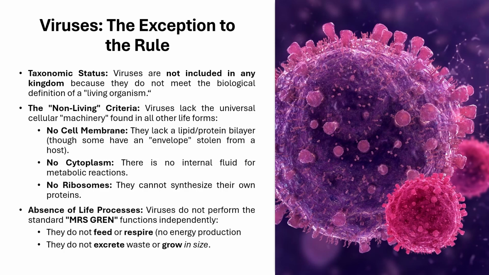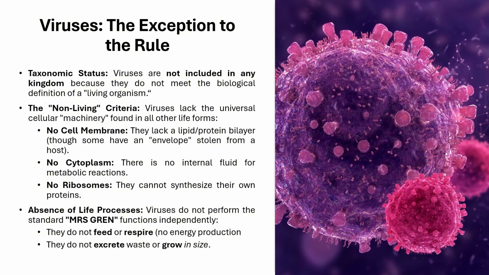So when we look at MRS GREN, if you remember the first lecture, that is the characteristics of life: movement, reproduction, sensitivity, growth, respiration, excretion, and nutrition, which are the seven processes of life, viruses fail almost every test. They do not respire or produce their own energy.